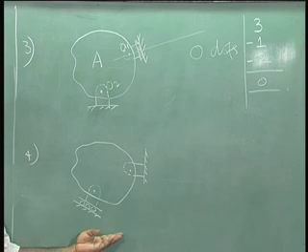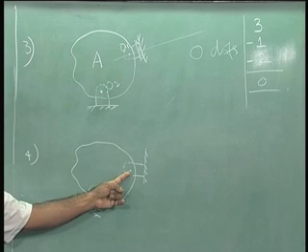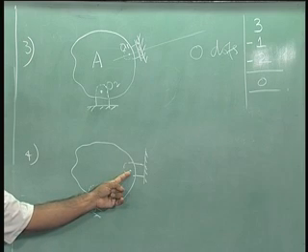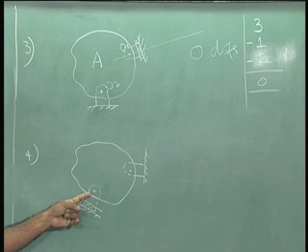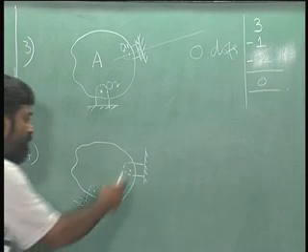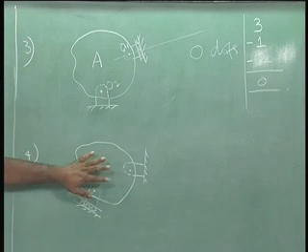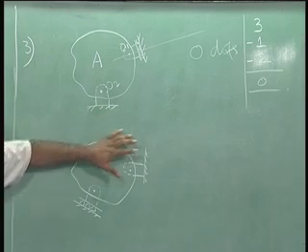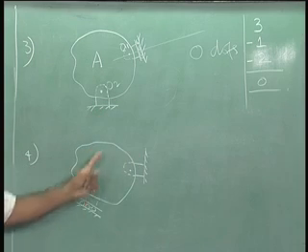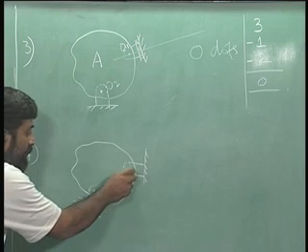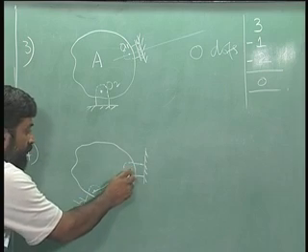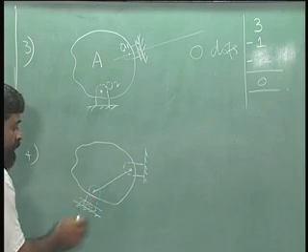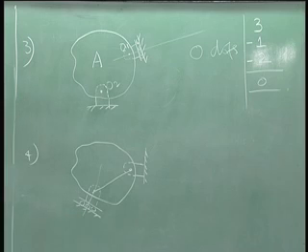How about this? Very simple. There are 2 translations arrested, one translation arrested here, a total of 3 translations arrested, and this body cannot move in x or y direction, as well as it cannot rotate, because about this particular point connecting these two lines, if I take this point and try to rotate, this will arrest the motion along this direction, which means it cannot rotate.